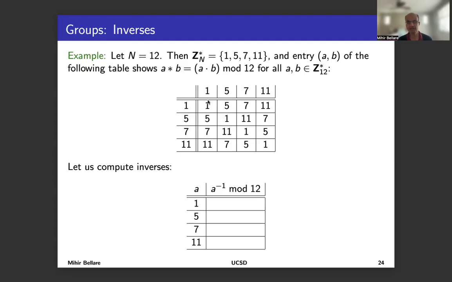Well, the 1 appears here, so this is the inverse. And that continues. So how do I find the inverse of 5? I scan here to find a 1, and then look at what gave rise to it, so 5. And if you keep that up, you see that since the 1s are on the diagonal, the inverses in this case happen to equal the numbers themselves. One of the things not to do is think right away of the inverse as something like 1 over 5. It has to always be a point that's inside this set, hence an integer.